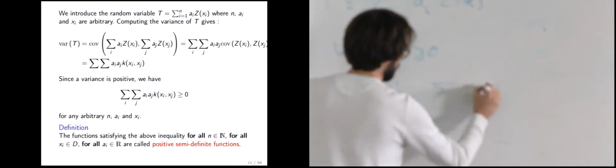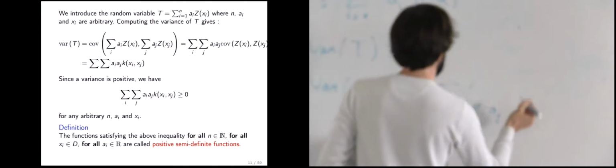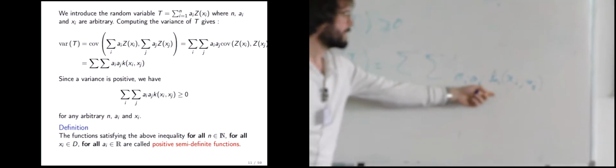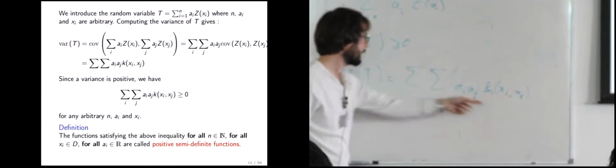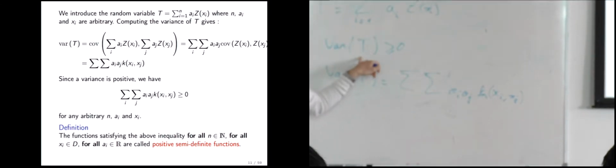And if you compute the variance of t, it is also equal to the double sum of this quantity. So this is the definition of a positive definite function, and a kernel has to satisfy this property because this has to be interpretable as a variance.